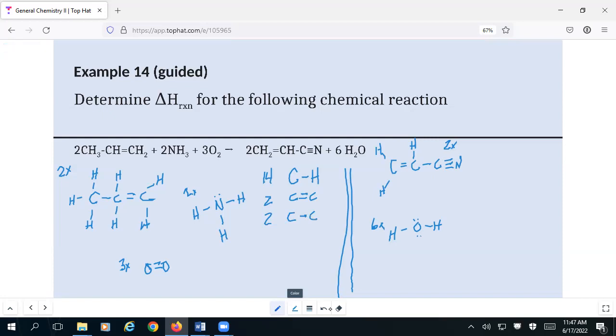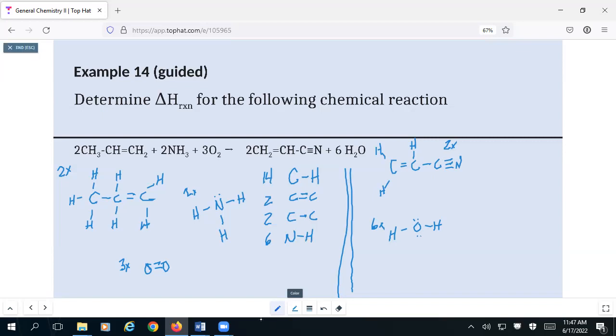That takes care of all of the bonding in the propene. For the ammonia, I've got 3 nitrogen to hydrogen single bonds times 2, so 6 nitrogen to hydrogen single bonds.